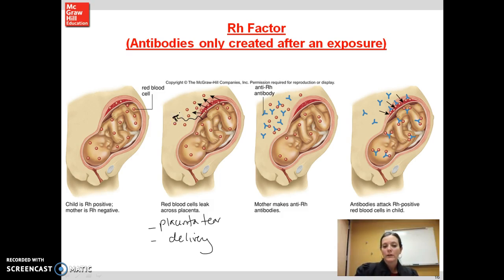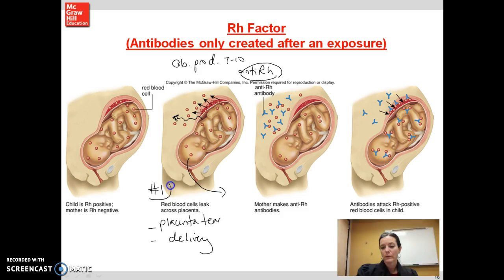Now remember, we said that antibody production takes, in that last video, about 7 to 10 days to really even show up. So if this is happening during delivery, what's happened to the baby in that 7 to 10 days? The baby's been born. Baby's a week old. Baby's totally outside of the mom's body. So even if the mom begins to produce these anti-Rh antibodies in her bloodstream, there's no baby there for it to affect. So baby number 1 is fine.